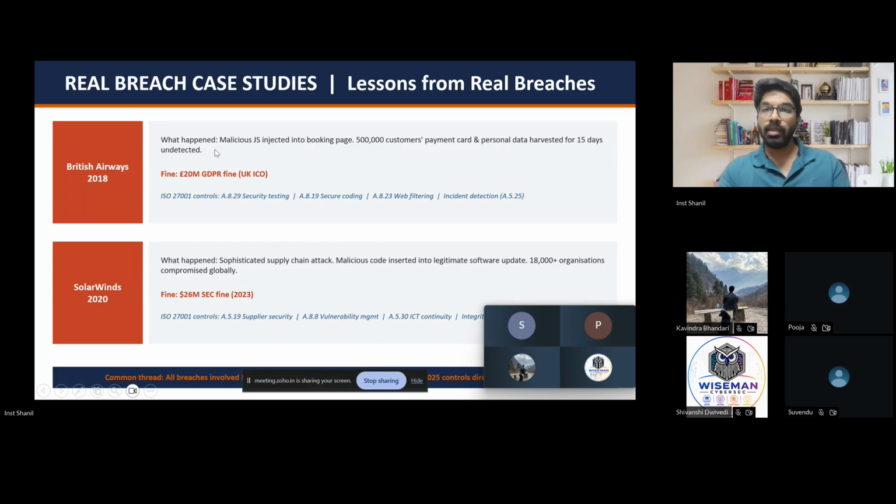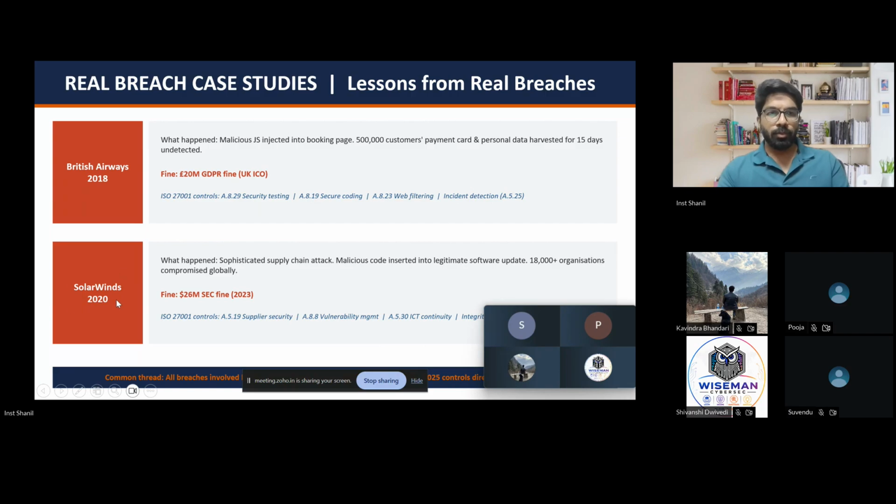So some hacker had access to the debit and credit card details of 5 lakh customers for 15 days, and it couldn't be detected for 15 days. GDPR authorities fined them 20 million pounds for this breach. These are the controls which could have prevented it: incident detection, web filtering, secure coding, security testing.